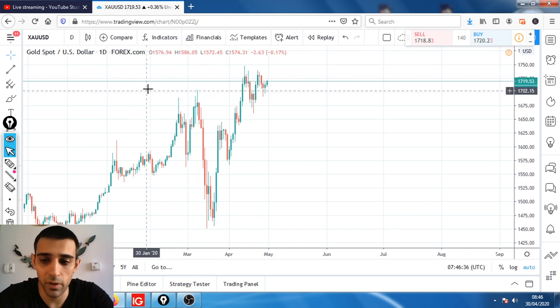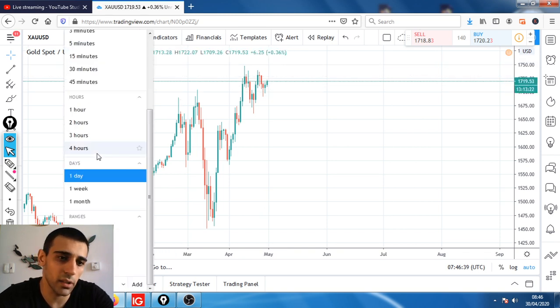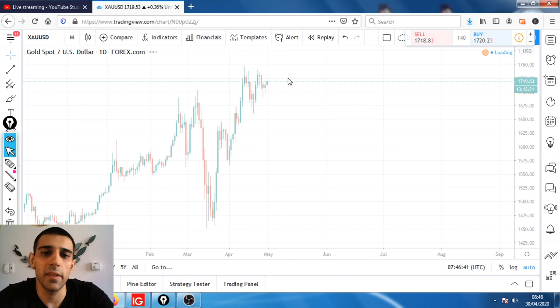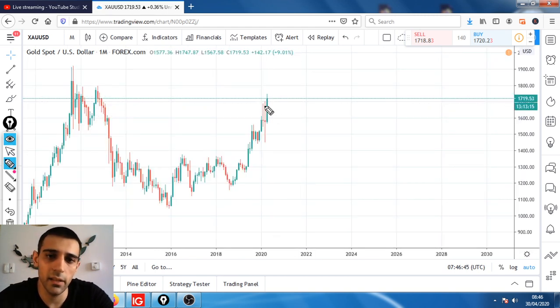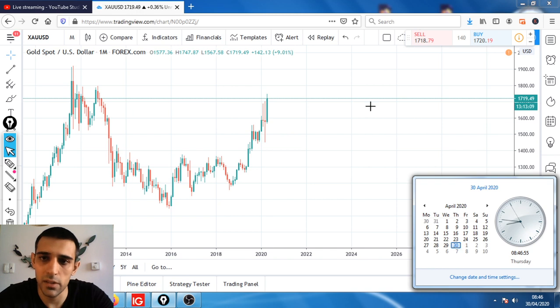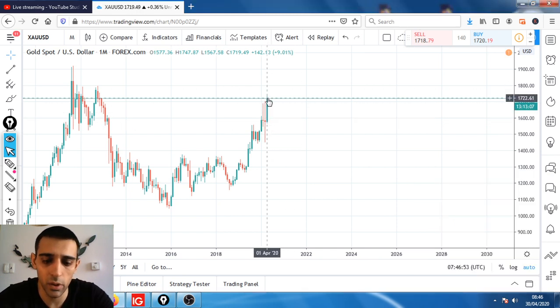On the monthly time frame, the gold looks very strong. On the monthly charts, we can see it if we go back. This candle here is a monthly candle, which is going to close tomorrow, so looking very strong.